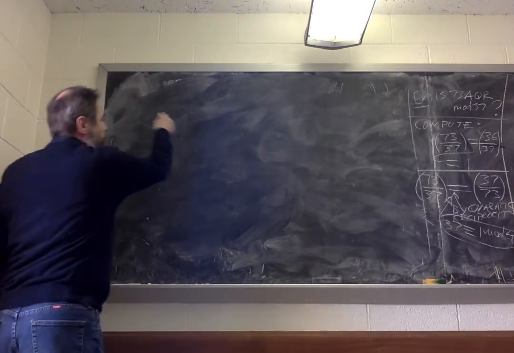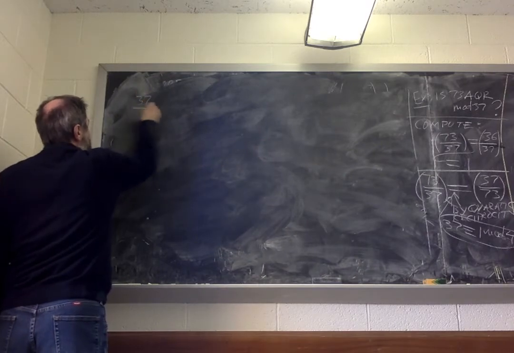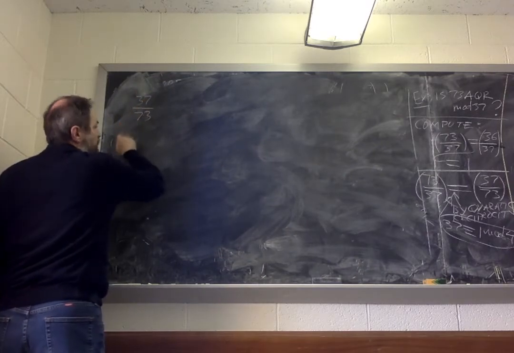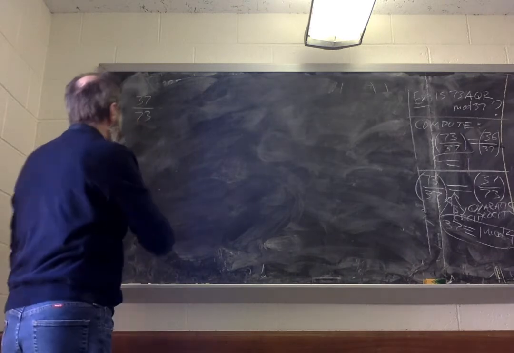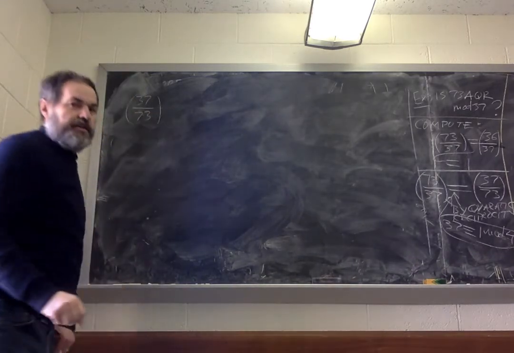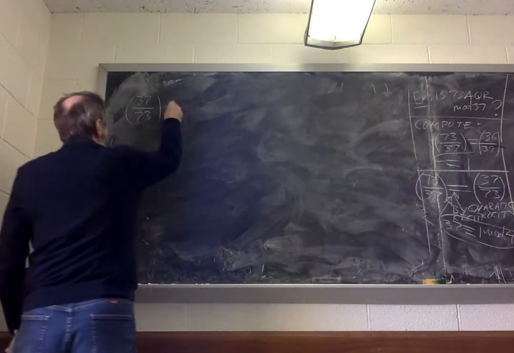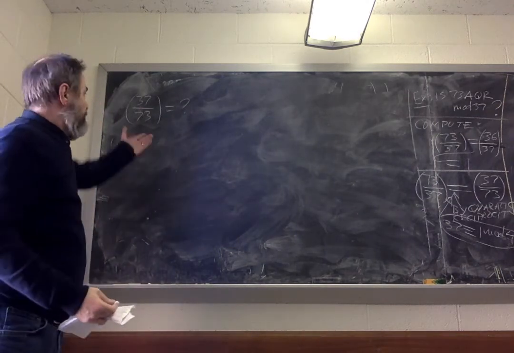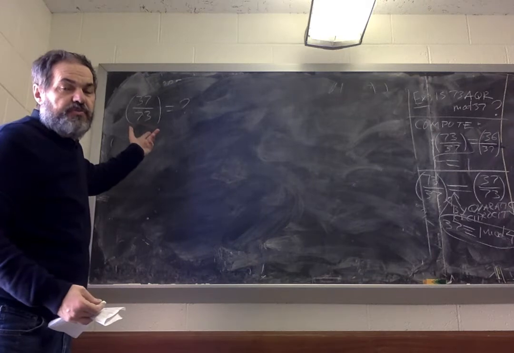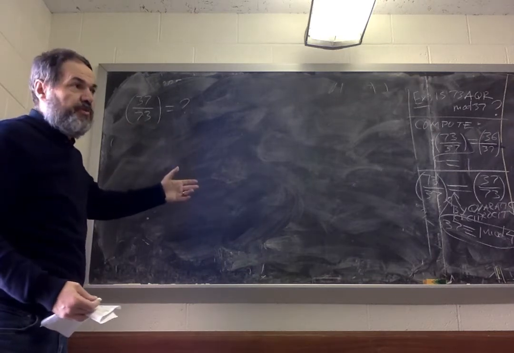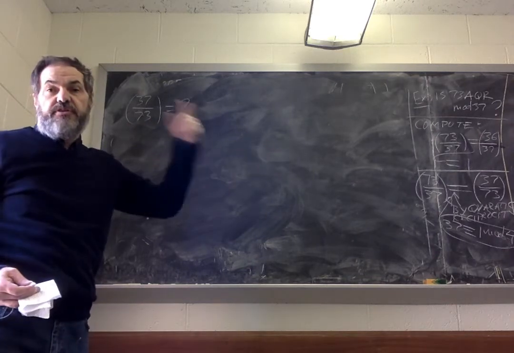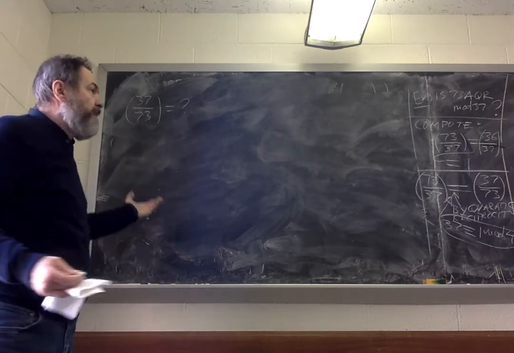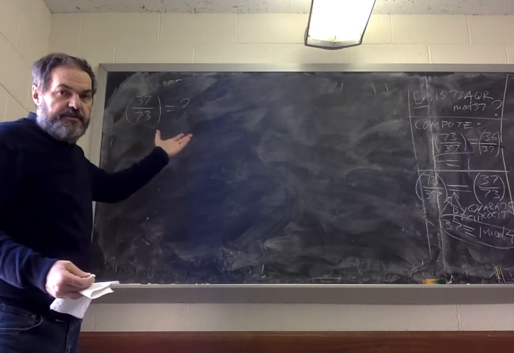So I'm left with 37 now over 73. Now what? I don't know what to do. Again, if I use quadratic reciprocity, I go back to where I started. So maybe I need to do something else.